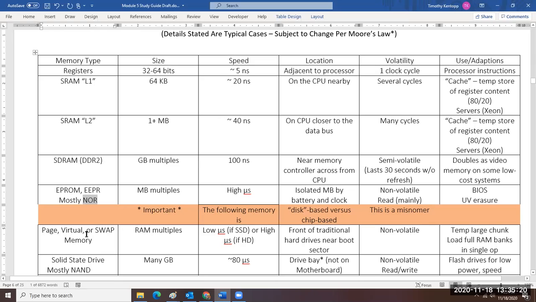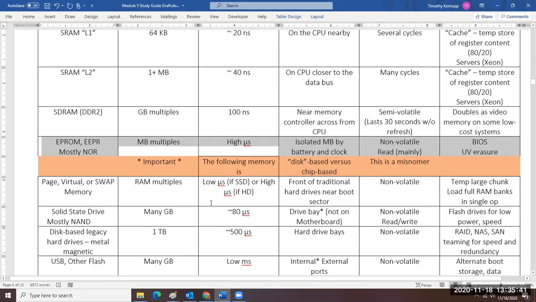If you run down this column, this particular row is probably the only exception to that whole trend, where as you run down, it tends to be further from the CPU, it tends to be larger in size, it tends to be slower in access, and it tends to be more non-volatile.